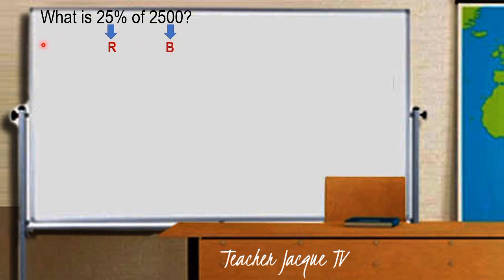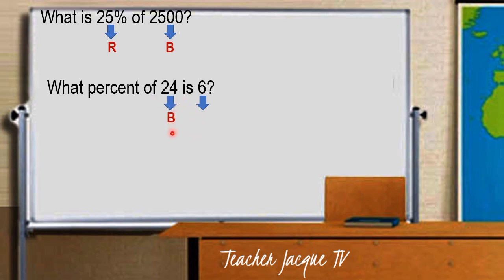Okay, next question. What percent of 24 is 6? So, ang ating given ay 24 and 6. So, take a look at our given. Walang may symbol ng percent dyan. So, ibig sabihin, missing yung ating rate. Okay? So, yung 24, ito yung ating base.